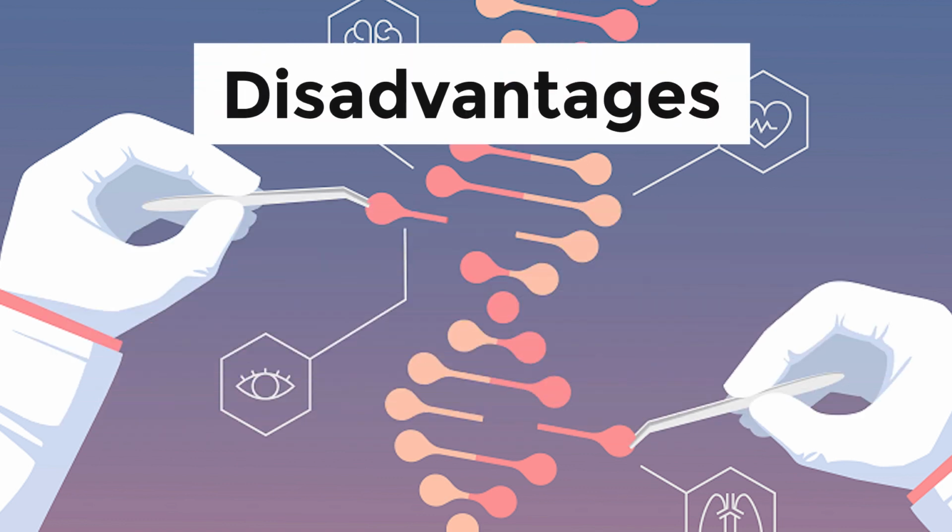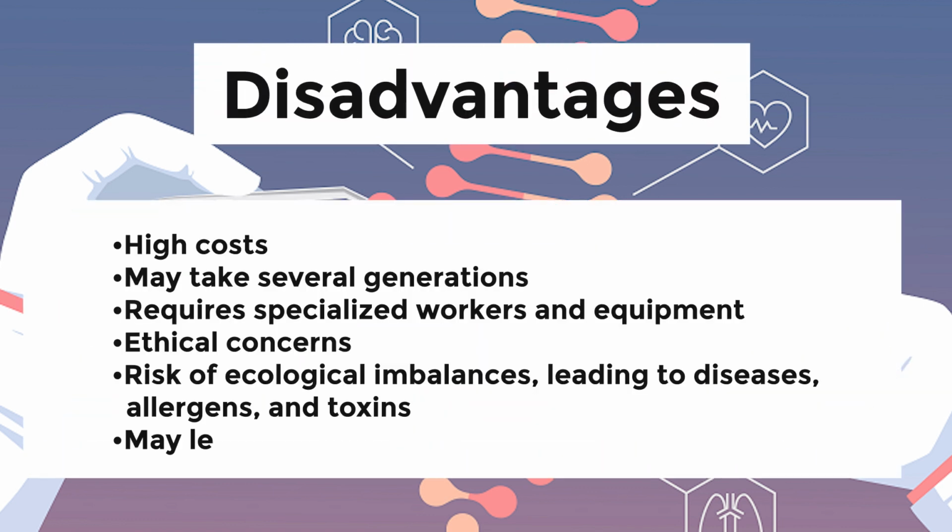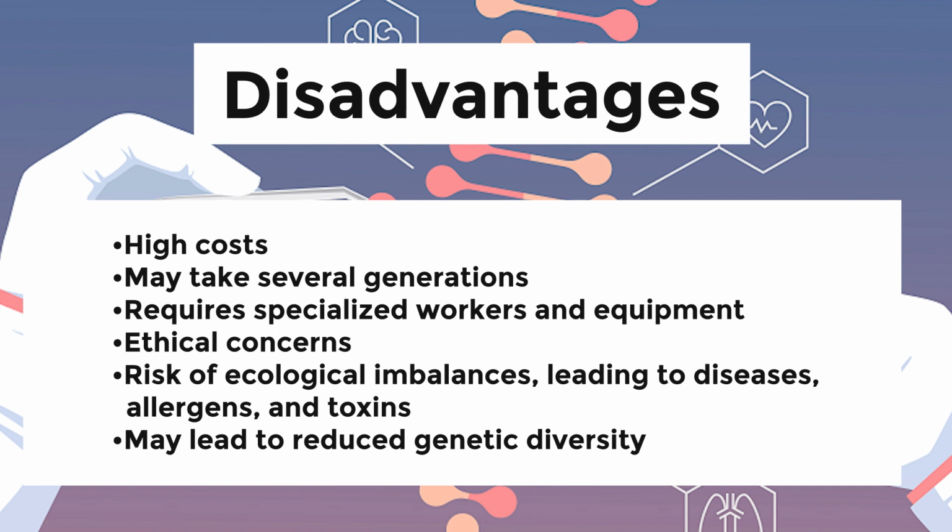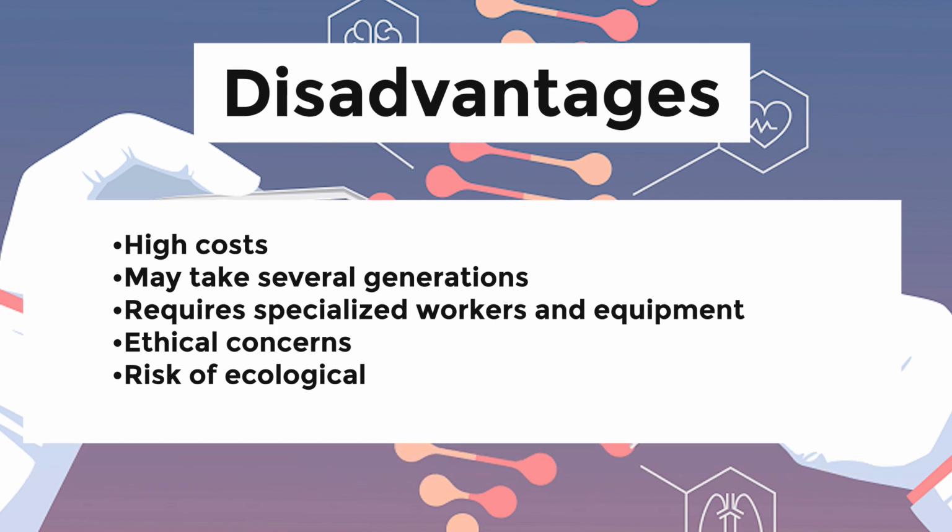The disadvantages are high cost, it may take several generations, it requires specialized workers and equipment, ethical concerns, risk of ecological imbalances leading to diseases, allergens and toxins, and it may lead to reduced genetic diversity.